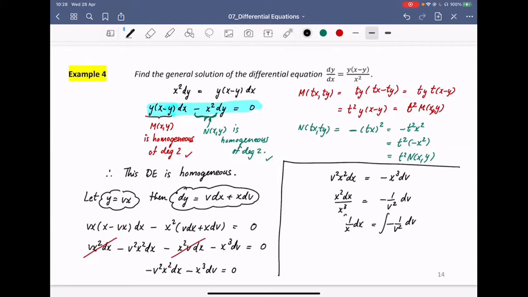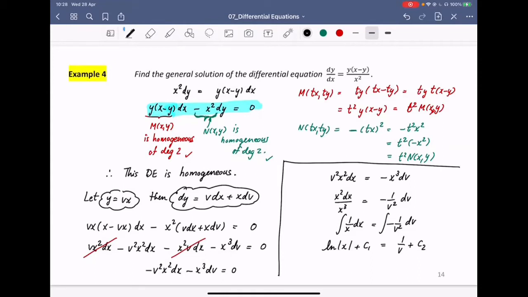And then I integrate on both sides. On the left-hand side, I have log absolute x plus C1. On the right-hand side, I integrate negative 1 over v squared, so I get 1 over v. And then my general solution is, you can group the constants.